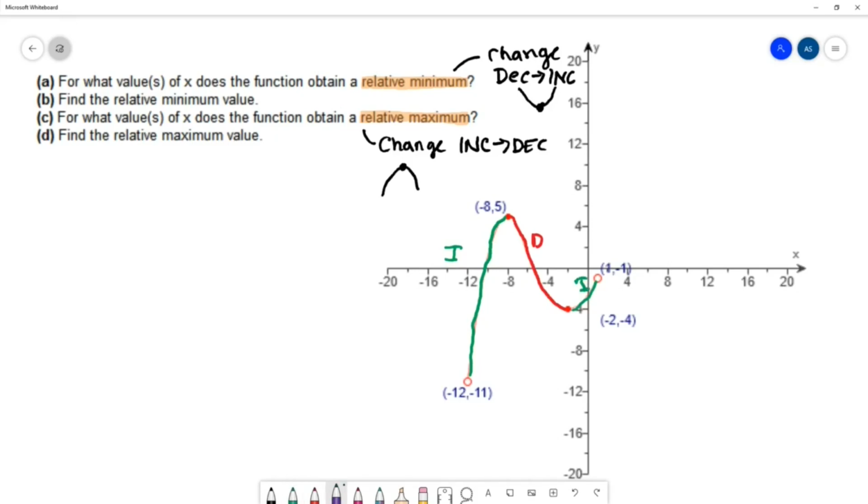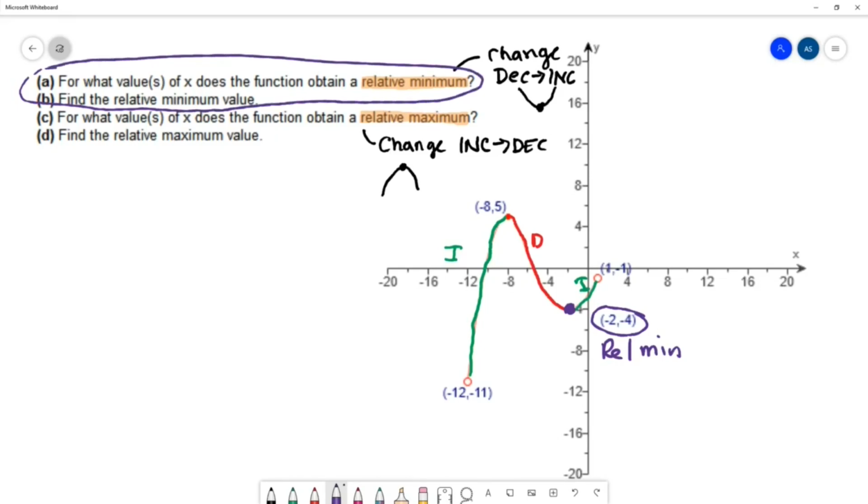So we do have a change right here from decreasing to increasing, and it's at the ordered pair -2, -4. So that point is a relative minimum point. Now these two parts are asking about a relative minimum.